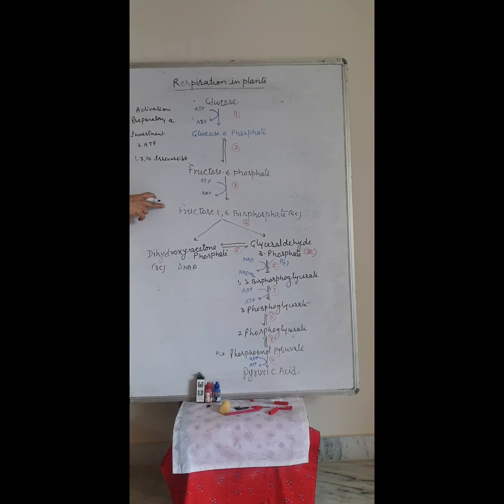So in total we gain 2 NADH2 and 2 ATP from glycolysis. So now we discuss the next steps of cellular respiration, that is the Krebs cycle.